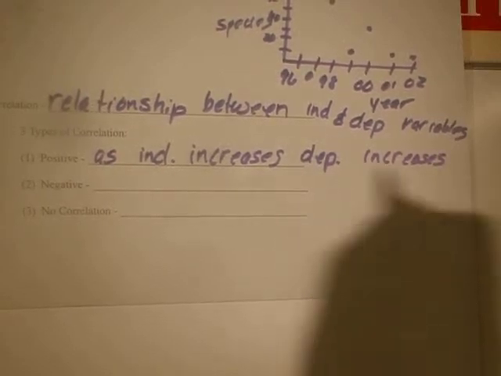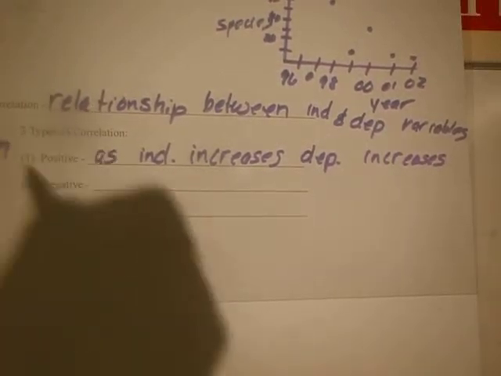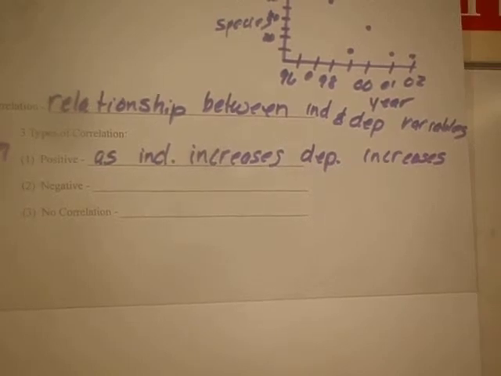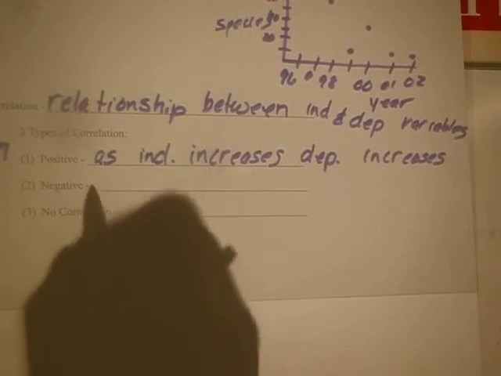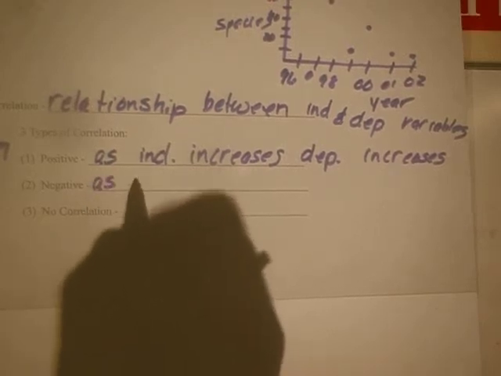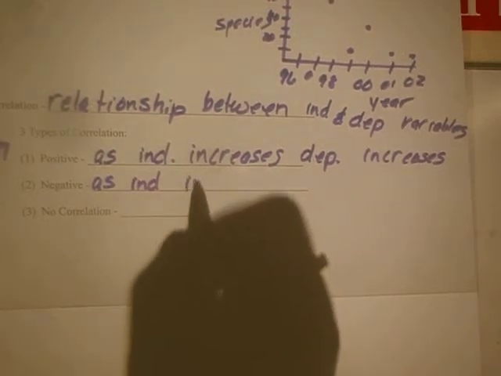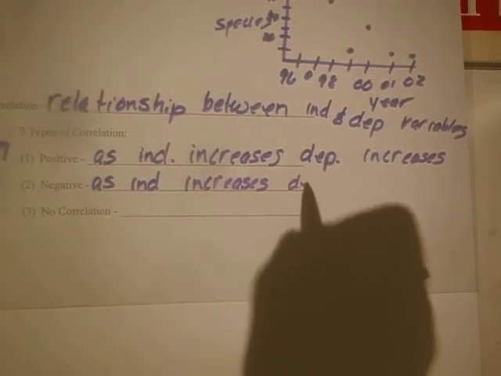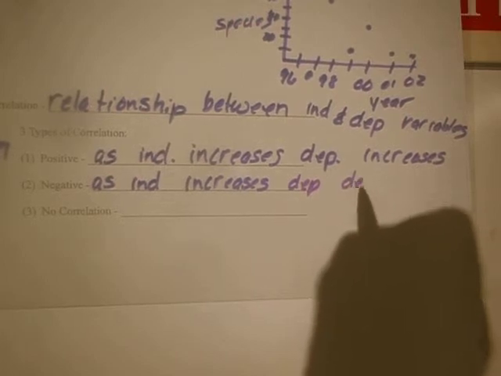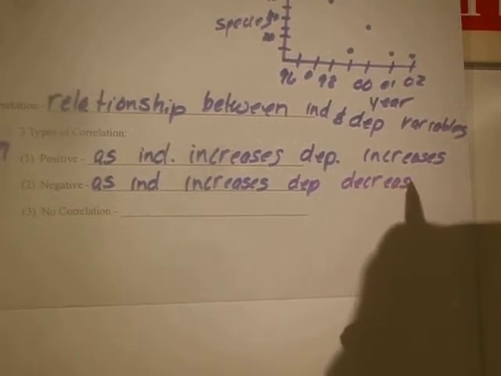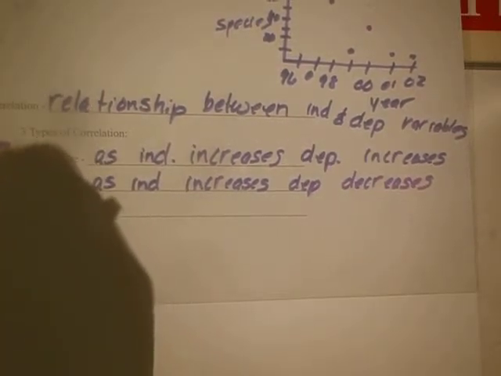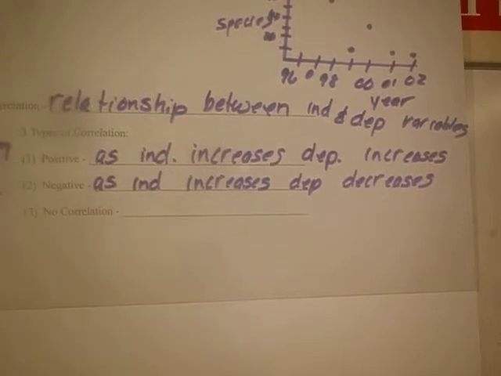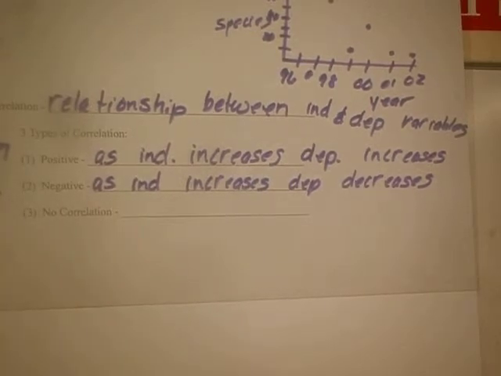And that graph goes up as you go from left to right. It's like going uphill. A negative correlation, as independent increases, dependent decreases. And that one will go downhill as you go from left to right.